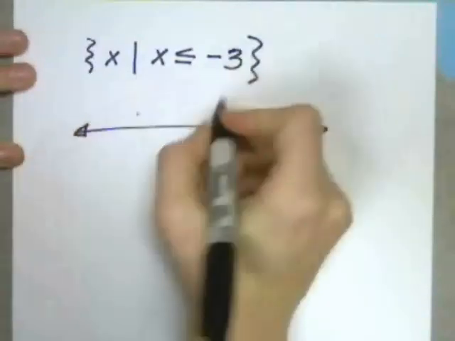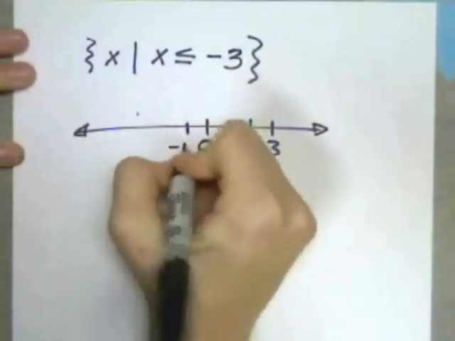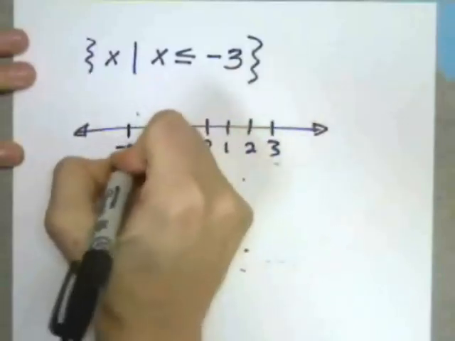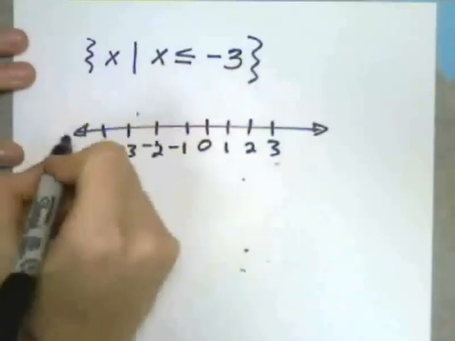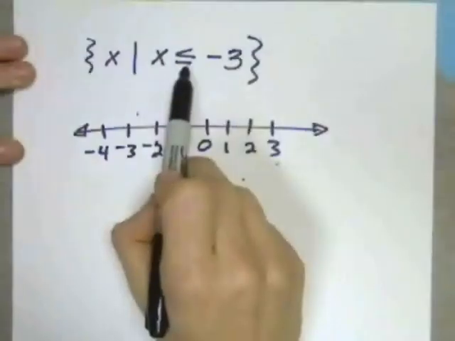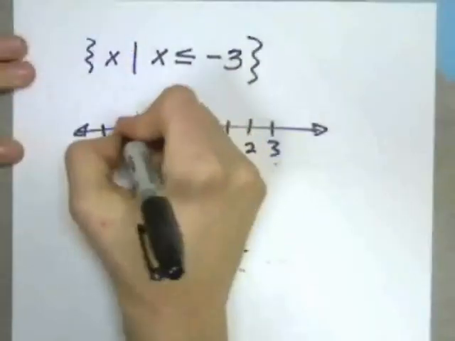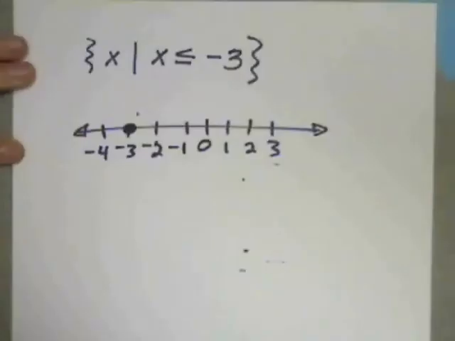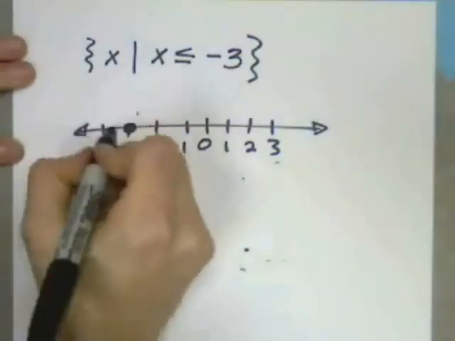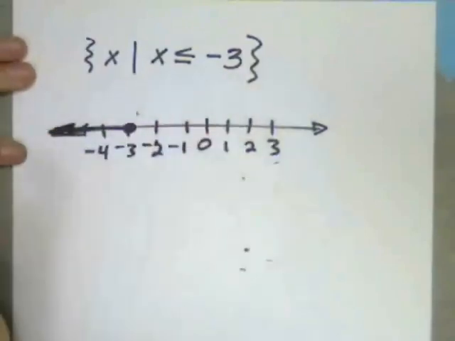To graph this, 0, 1, 2, 3, -1, -2, -3, -4, it goes on and on, remember both directions. This time we have equal to, see the bar? So I go to the number, -3, and I'll plot a closed point since I'm including that. Stuff smaller, remember, is to the left, so I'm going to shade left because everything to the left is included.